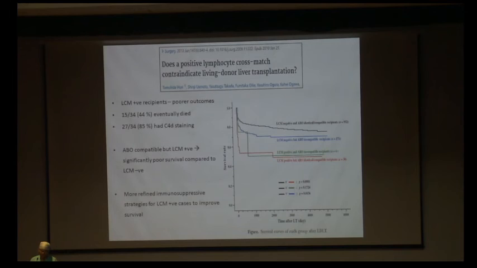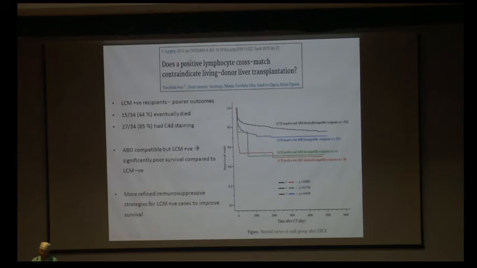So there was another paper in 2010 again, and it showed that there is a difference between positive and negative cross match. They divided into 4 categories, although the number of patients was less: cross-match negative ABO identical, cross-match negative ABO incompatible, cross-match positive ABO incompatible, and cross-match positive but ABO identical.